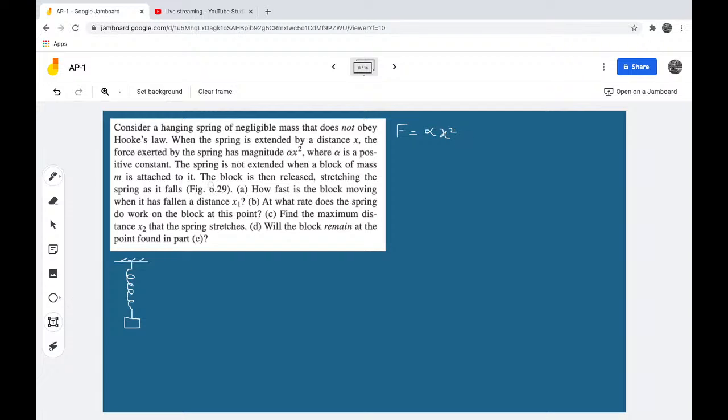Now let us fix our coordinate axis. This is mass M which is attached. I would like to take this point as the origin where the mass is attached and the spring is still not extended. It's very important for us to figure out our frame of reference.